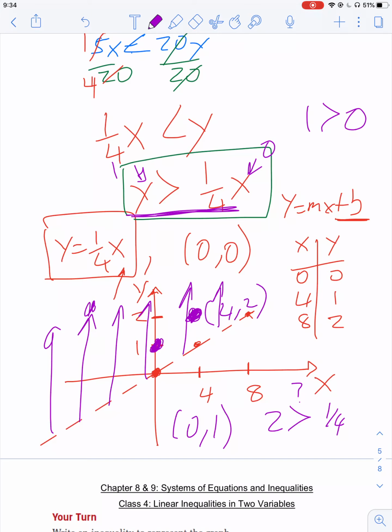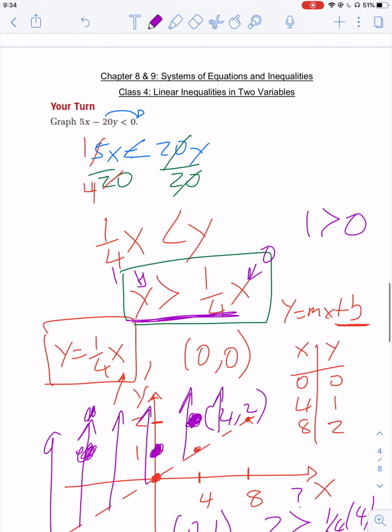So if I replace x by 4, is 2 greater than 1? Yes, it is. Okay, so any point in this region will satisfy your inequality. So that's how you find the region. I hope this is kind of making sense.